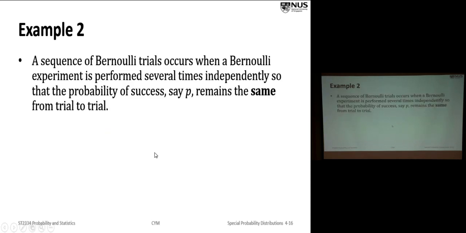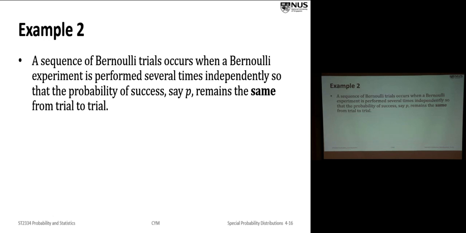Here's another example. This example prepares you for the binomial distribution. Now we are considering taking the ball out, recording what outcome, what color it is, putting it back, and taking a second time.